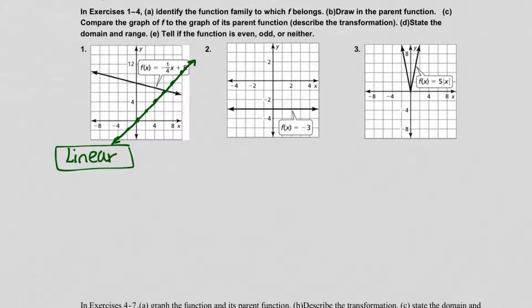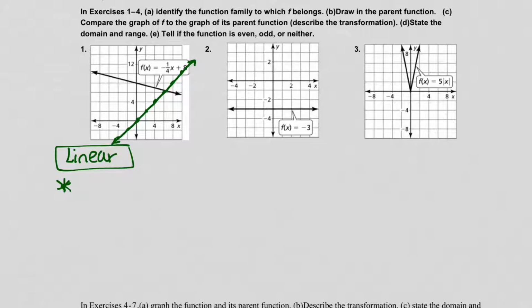Then it wants us to compare the two graphs. So I stated the family is linear. Let's compare the two graphs by describing the transformation. The first thing I notice is that my parent function is going up from left to right, it has a positive slope, and this graph has a negative slope.